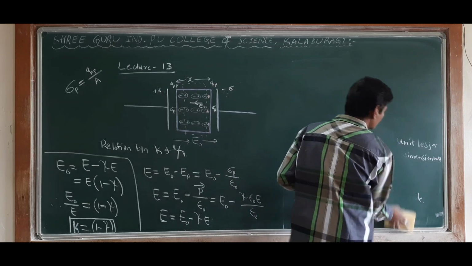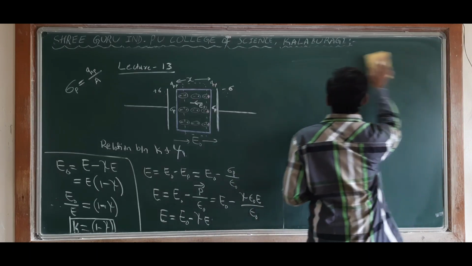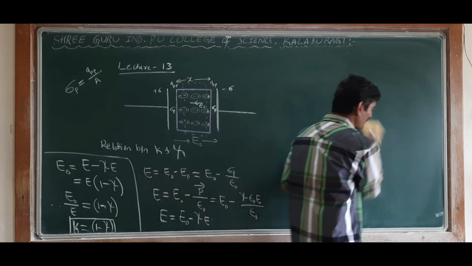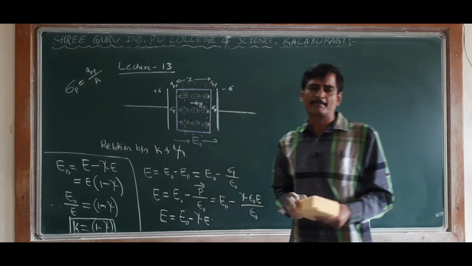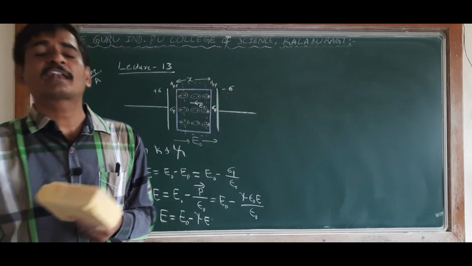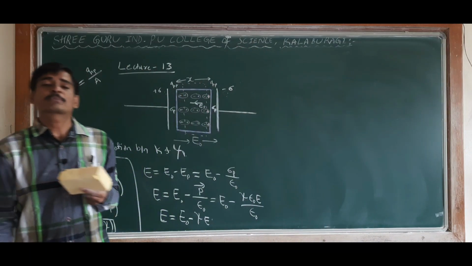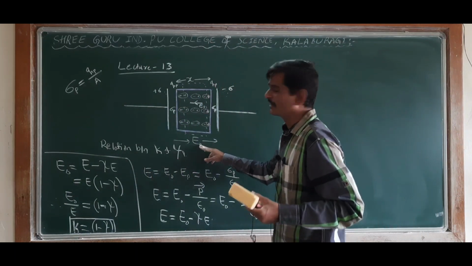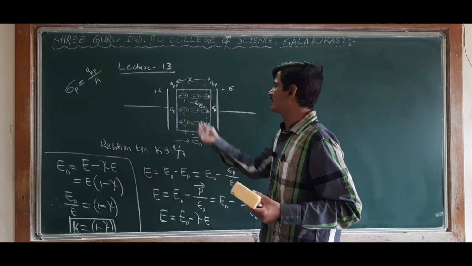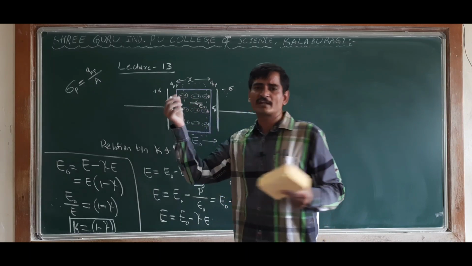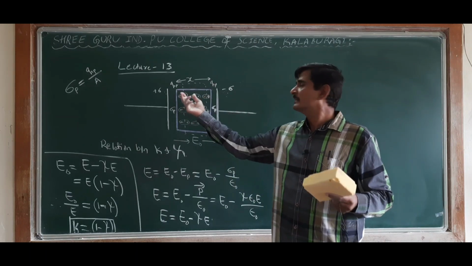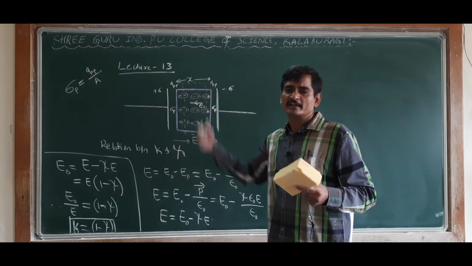When a very large value of external electric field is applied, the dielectric loses its dielectric property. The positive charge and negative charge will experience a force, and that force is not balanced by the internal restoring force.